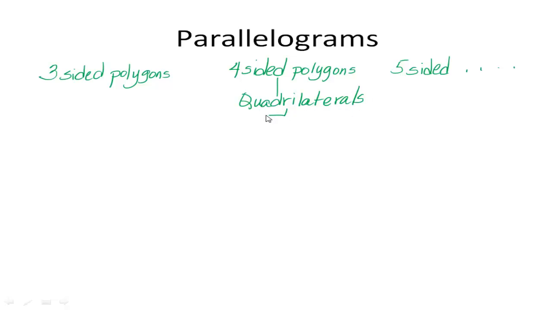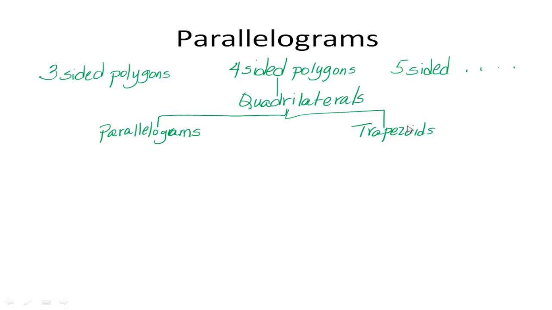For quadrilaterals, we can have two types: parallelograms, which was our last section, and trapezoids.